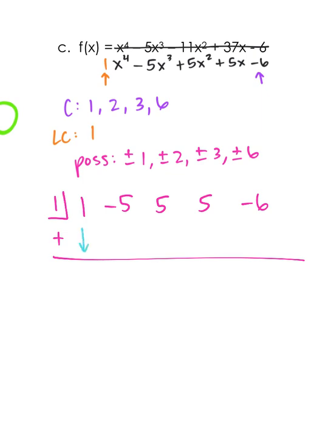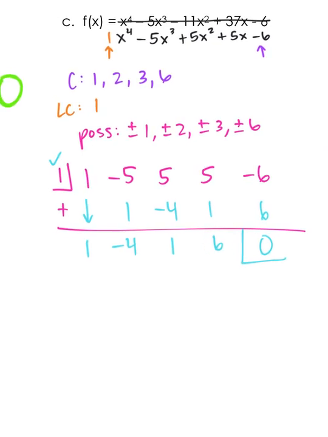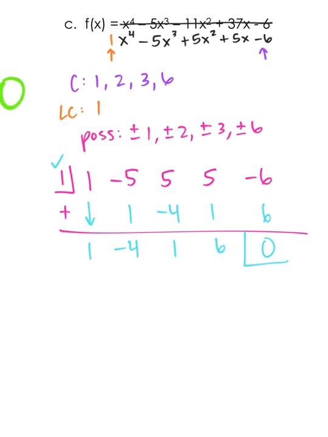So I bring down the 1. 1 times 1 is 1, plus negative 5 is negative 4, times 1 is negative 4, plus 5 is positive 1, times 1 is 1, plus 5 is 6, times 1 is 6, plus negative 6 is 0. So x equals 1 is definitely one of my solutions. So I'm going to write that, and I'm just going to leave it there for now. I'll come back and write them at the end.